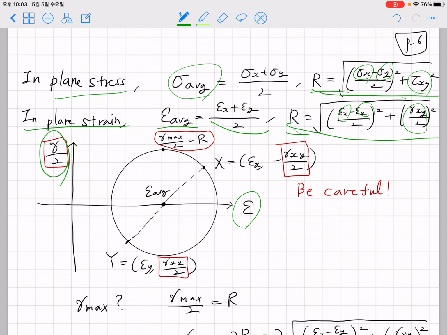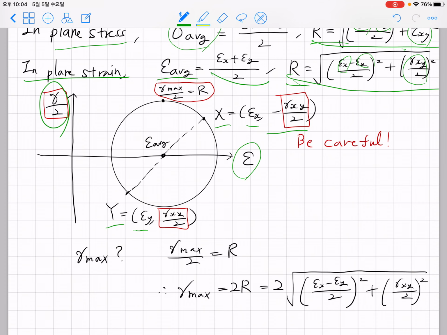When you first construct the Mohr circle, you have to locate the x position and y position. The x point is composed of epsilon x and minus gamma xy over 2. The y position is composed of epsilon y along the horizontal reading and gamma xy over 2 along the vertical reading. The center is given as epsilon average and 0.